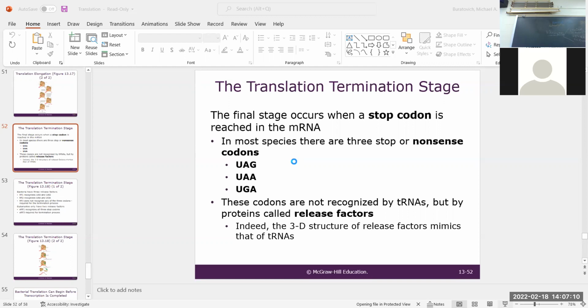So transcription and translation in prokaryotes is coupled. And that actually has rather profound implications for regulation. There are several types of genes whereby the gene is regulated by this coupling between transcription and translation.